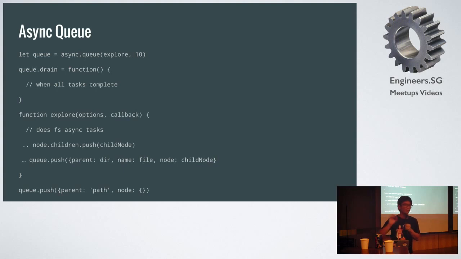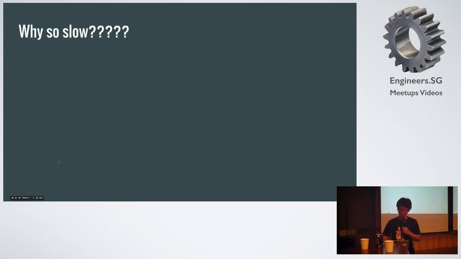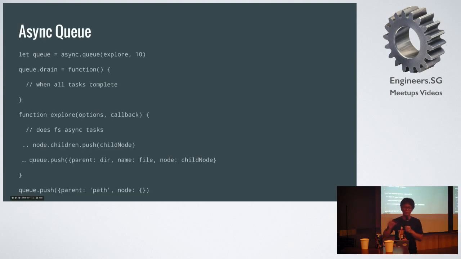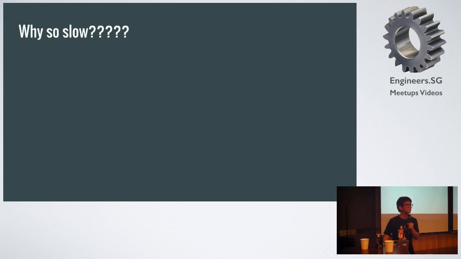The queue will call back a function when all the tasks are completed, and you basically wrap your previous explore function, and you push the job that you want to be done next, and that can be done asynchronously. One of the things that Async Queue does is that you can have a limit on the number of parallel jobs. So I set it to 10 to start, and then I set it to different numbers just to explore.